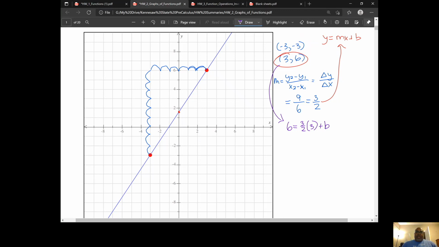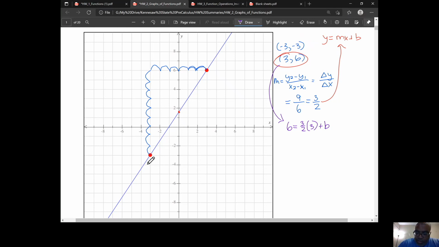If we put this point into the slope intercept form with the same slope that we have here, it's going to give us the equation of this line, because the slope between these 2 points is the slope between any 2 points on this line.